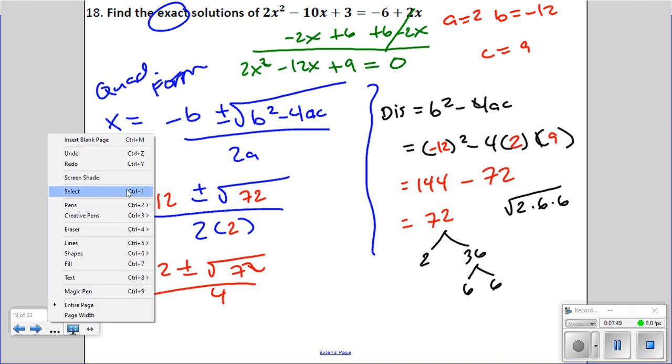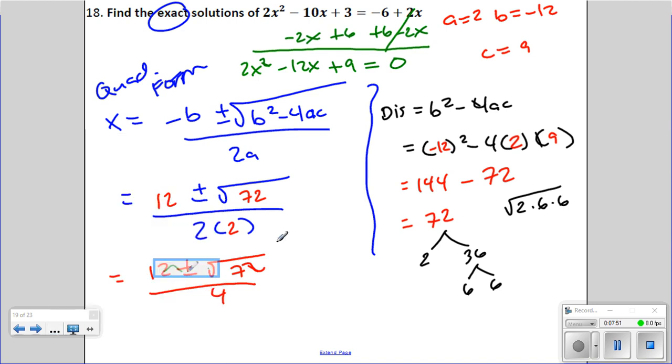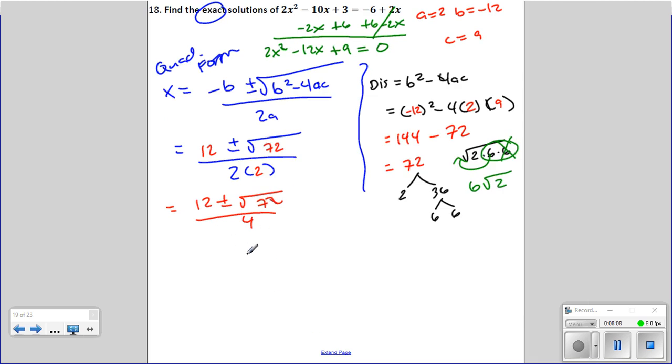Again, anytime you have a pair, circle that pair, cancel one out, and one moves out in front of the house. So 6 came in front of the house, but 2 stayed in the house. So the square root of 72 is the same thing as 6 square root of 2.